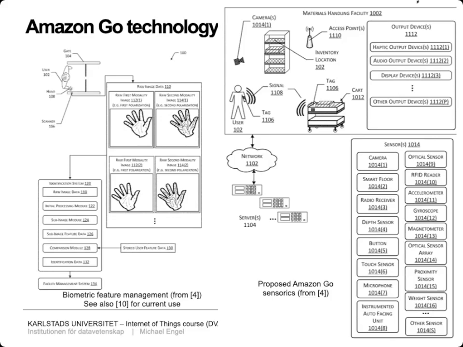So that might be face recognition, weight sensors, proximity sensors, optical sensor arrays, magnetometers, gyroscopes, accelerometers, an RFID reader, and optical sensors. So essentially, these stores, if they implement all of these, are a complete surveillance for the time you're in there.